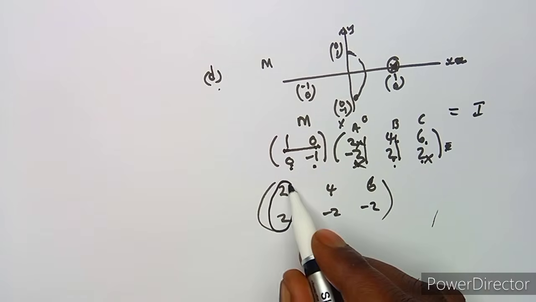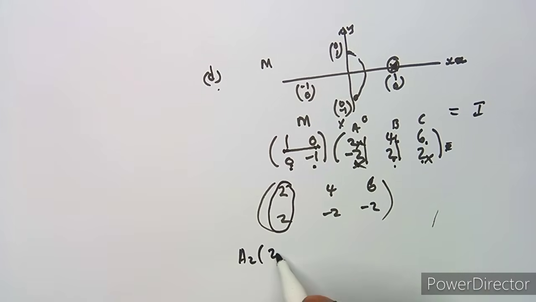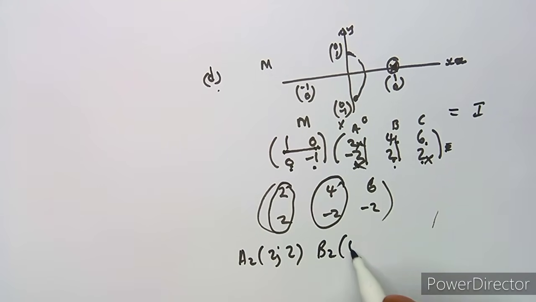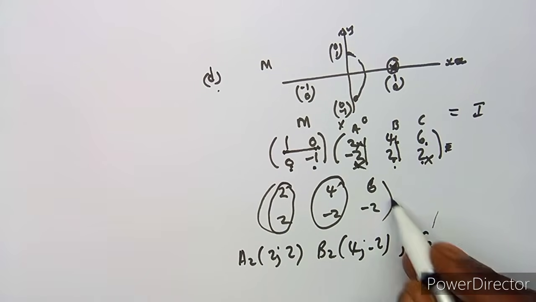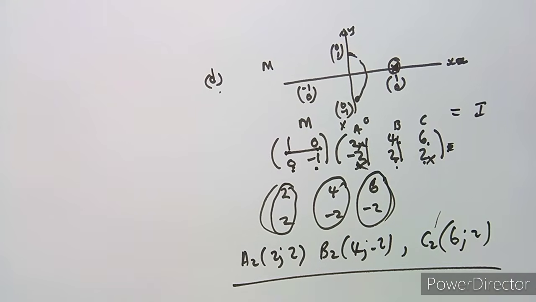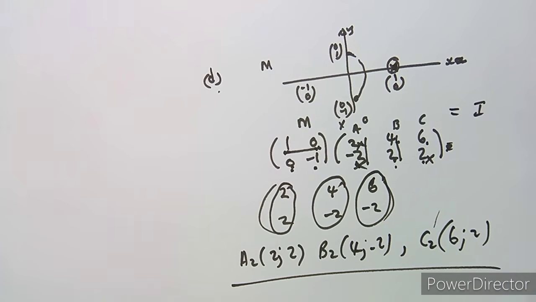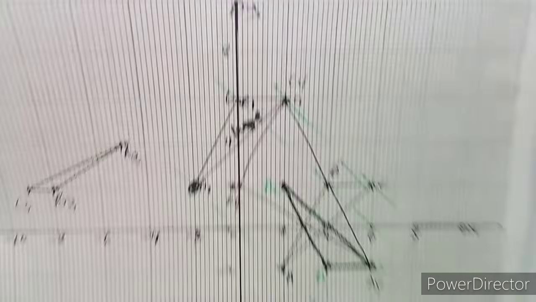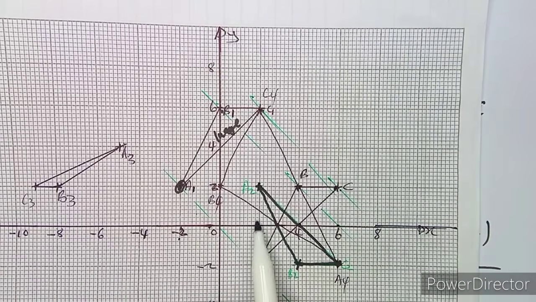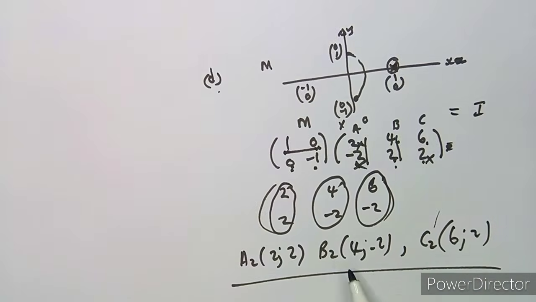So this will be your A2, which is 2, 2, your B2, which is 4, minus 2, and your C2, which is 6, minus 2. So you can even use matrices. As you can see, if you mark these points back, your A2 is 2, 2 here, same point.